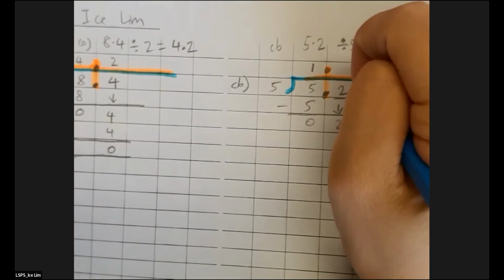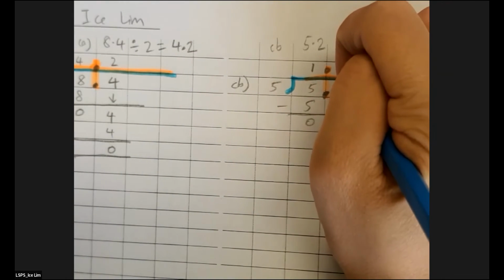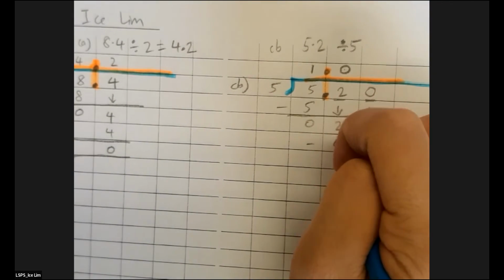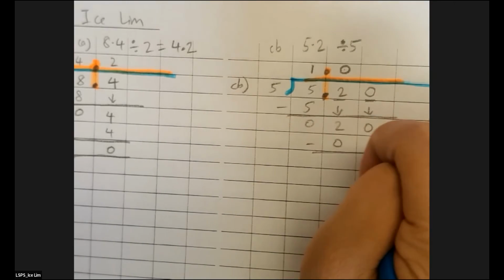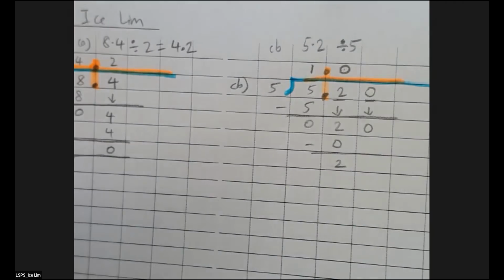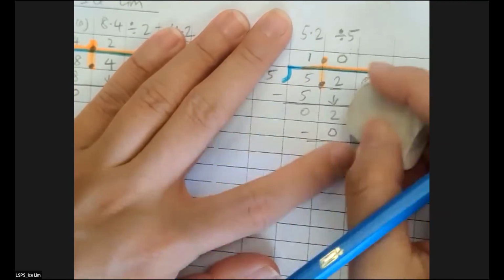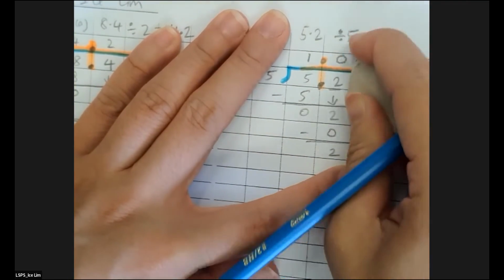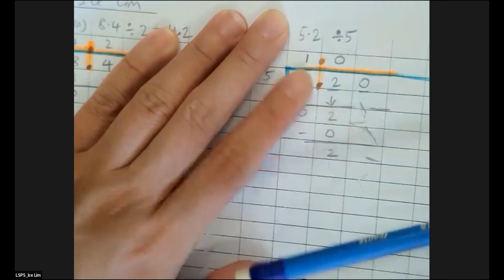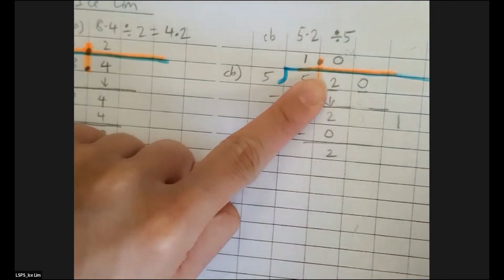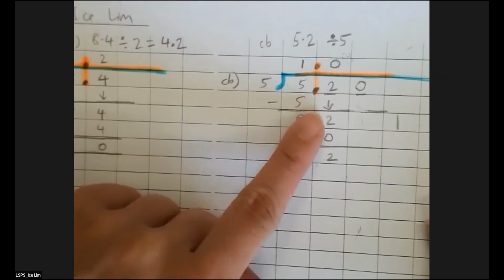At this point, I can't do anything here. I can't do anything at the tens place because it's just 2.